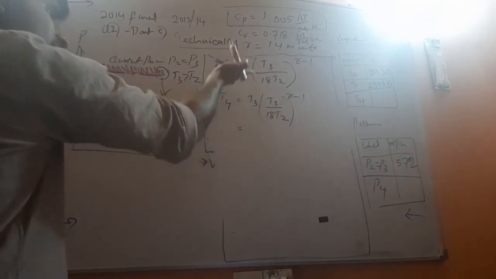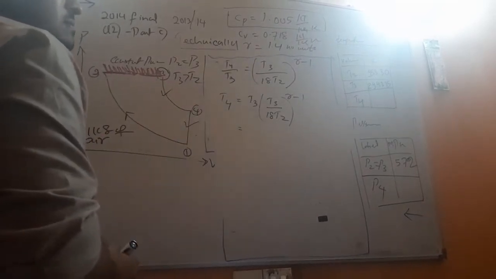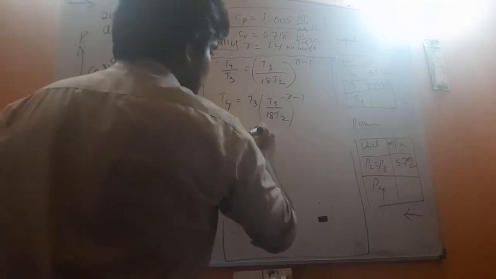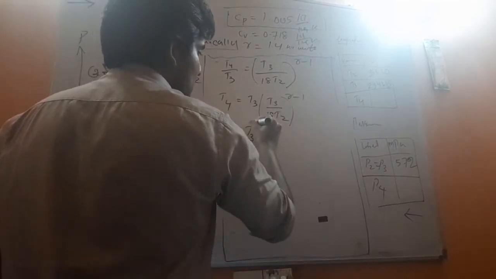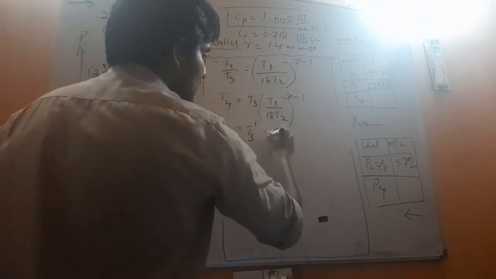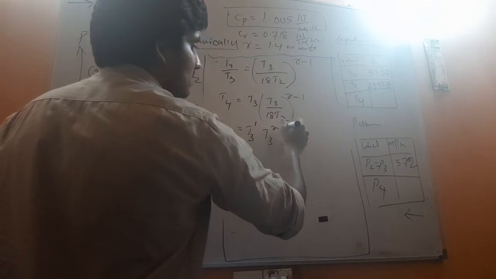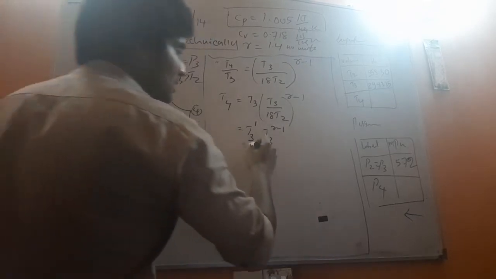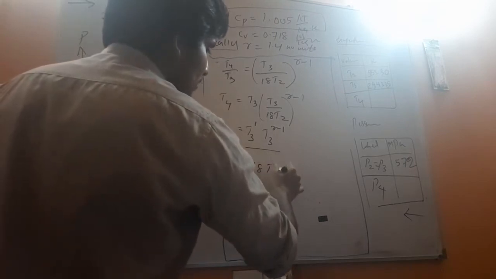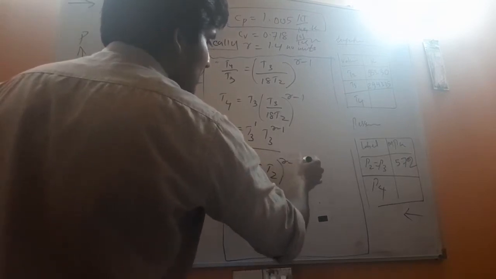T3 to the power 1. Right? So no problem, right? T3 to the power 1. What do you have here? T3 to the power gamma minus 1. What do you have there? 18 T2 to the power gamma minus 1.